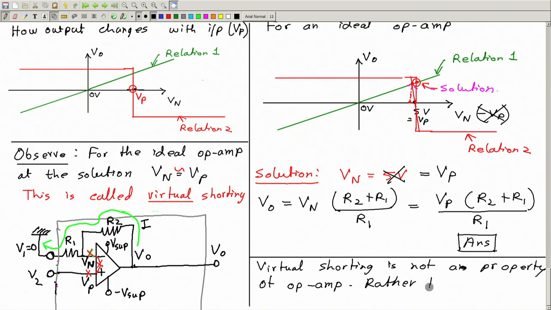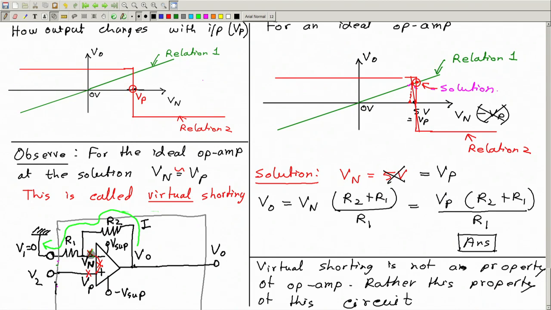So rather this is a property of this circuit, and it's also true for some other circuits, but in general it is not true for all circuits. It is only true for some circuits and not for the op amp alone. If you just have the op amp alone, without all these connections, it's not that these two terminals are going to have the same potential. No.